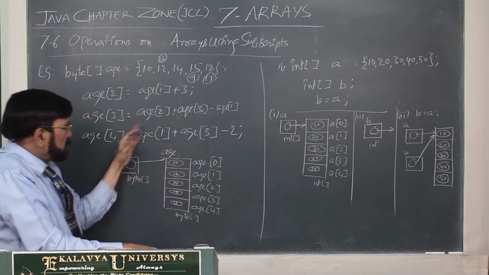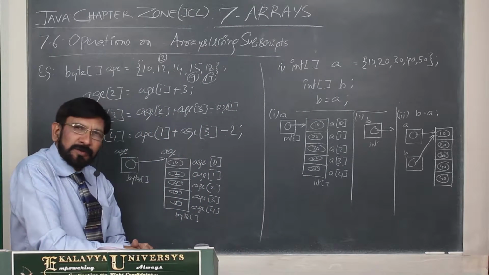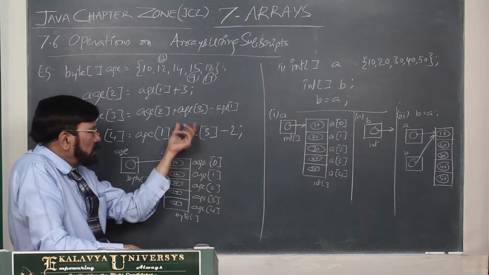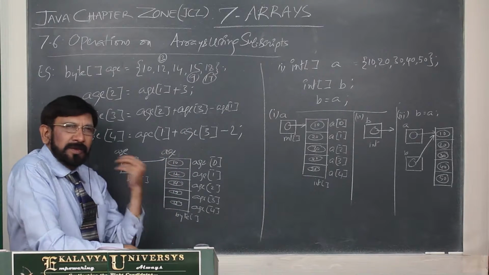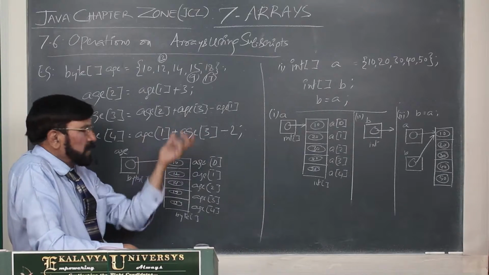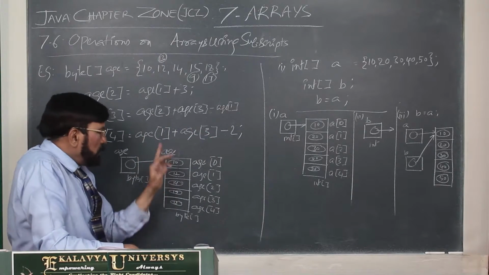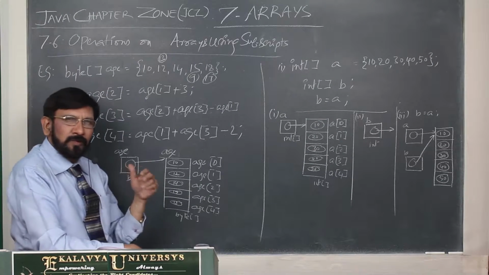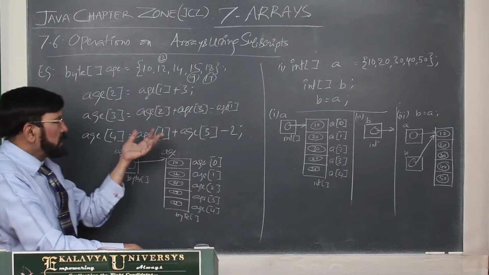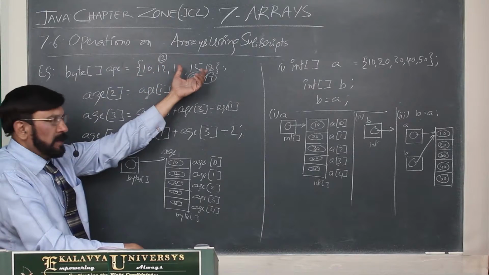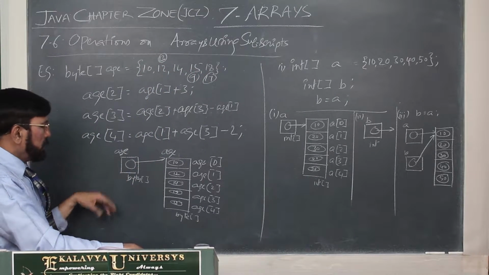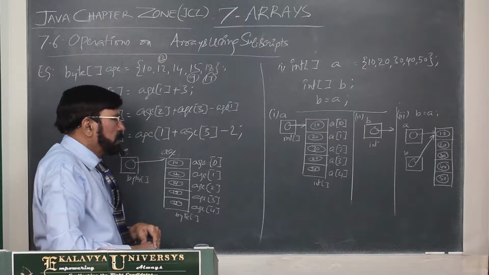Just for example's sake, I am showing all this. So whatever element value you want to change, any type of operation you can perform like this. That one you remember is a very important point. How you deal with variables, you can deal with the elements of an array with the same amount of freedom. This you have to remember.